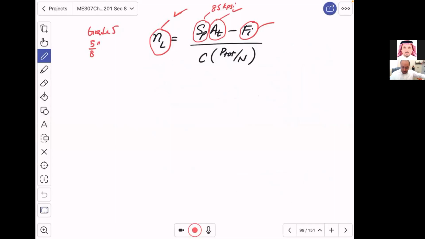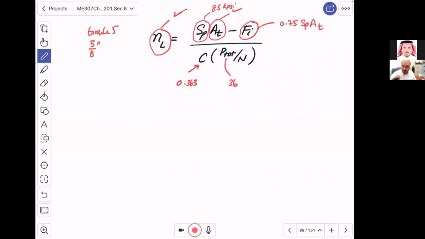You want to reuse them again. So this is going to be 0.75 multiplied by Sp, which is 85, multiplied by At, which is obtained from the table. Now, C, we just calculated it to be 0.363, was it? 0.363. P total was 36 kilopounds.